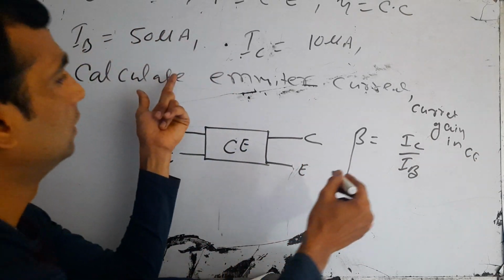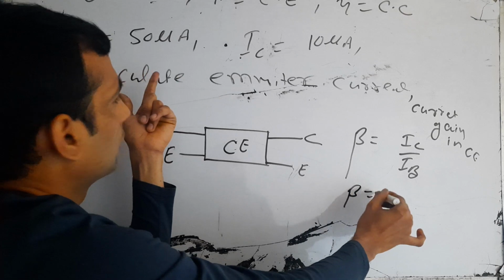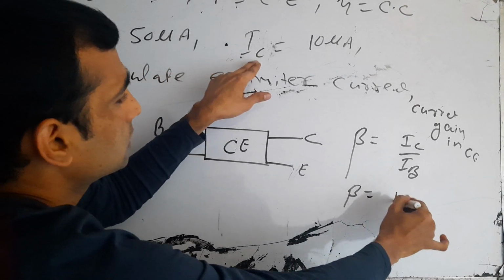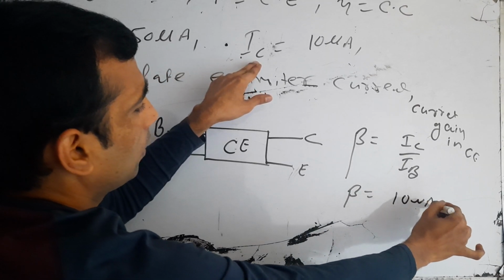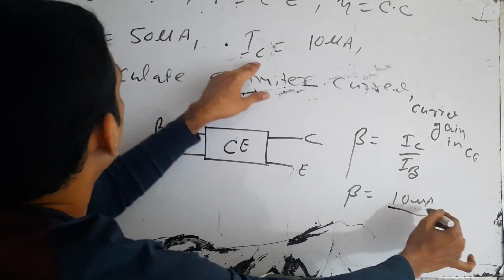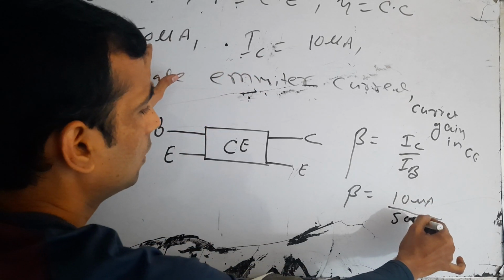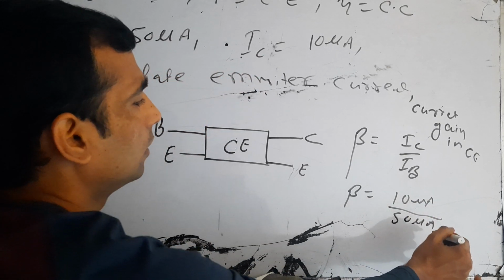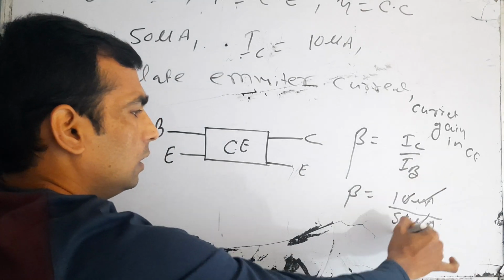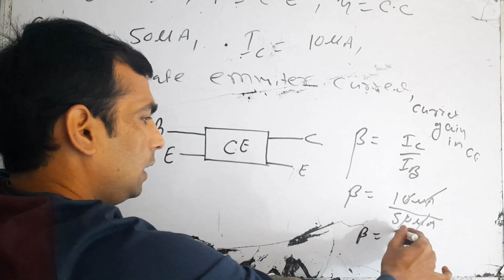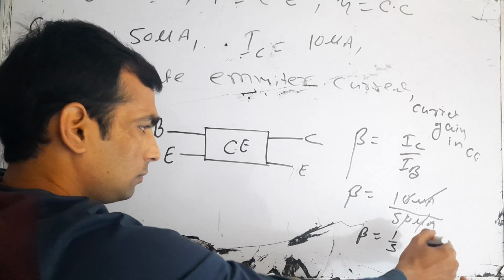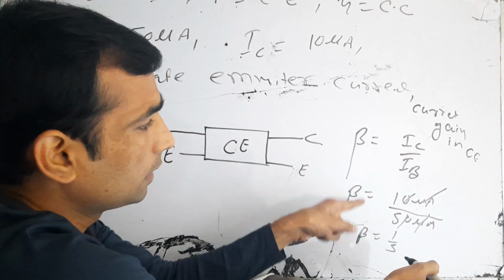Beta is IC, which is 10 microampere, upon IB, which is 50 microampere. The units cancel, so beta is 1 upon 5. It's a unitless quantity because it's a ratio.